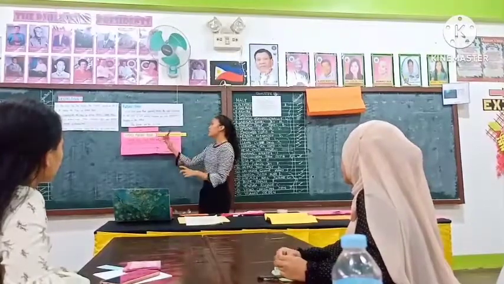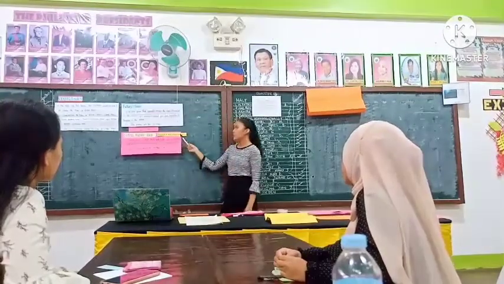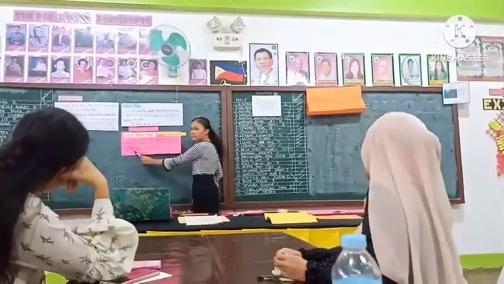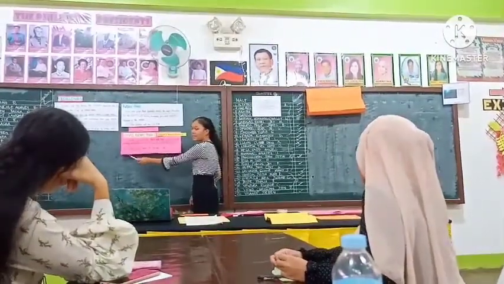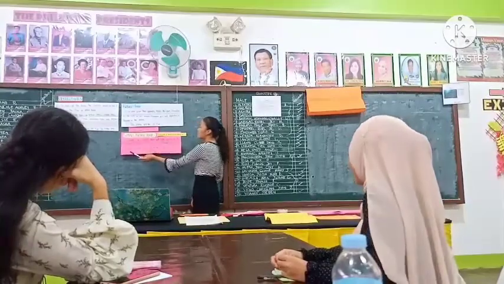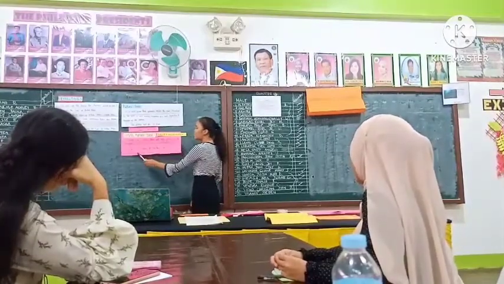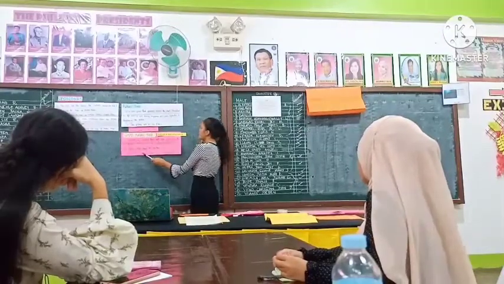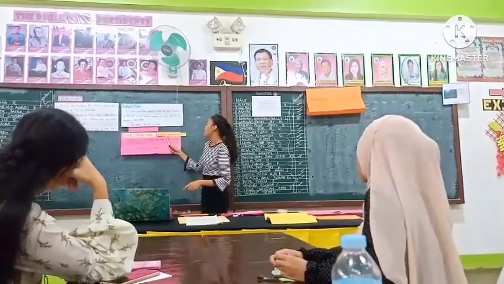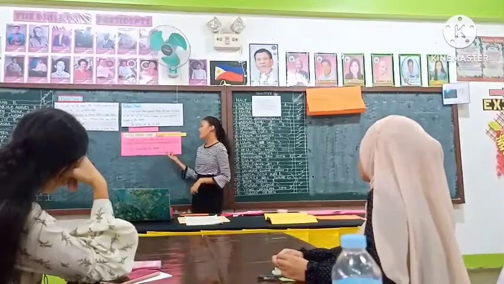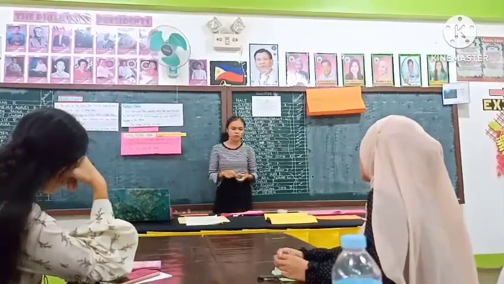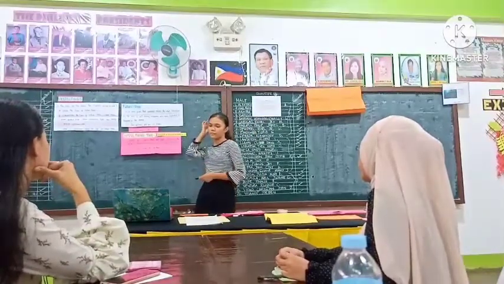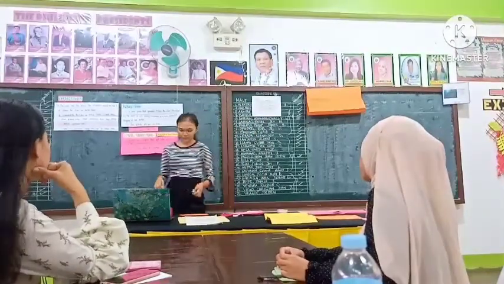So the subject here is what? We. And we plus shall, will. The verbs are move, come. Okay, so the object is to another city and to New York tomorrow. So do you understand, class? Yes, ma'am. Okay, very good.